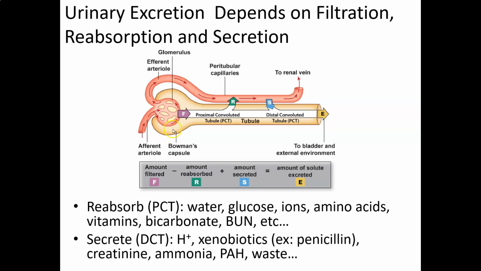That's called Bowman's space. Once it gets filtered, it's called ultrafiltrate. Now, ultrafiltrate is a name we give to the filtered fluid because it's protein and formed element free. So it doesn't have any protein, and it normally doesn't have any red blood cells, white blood cells, or platelets.